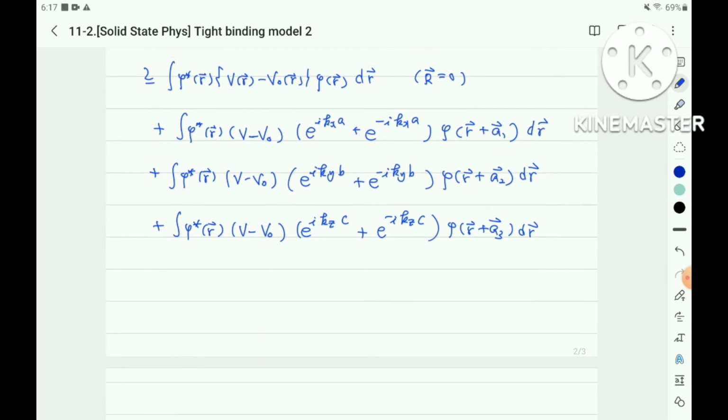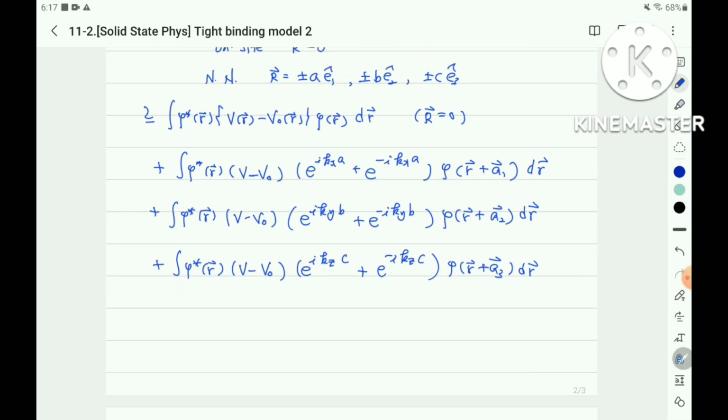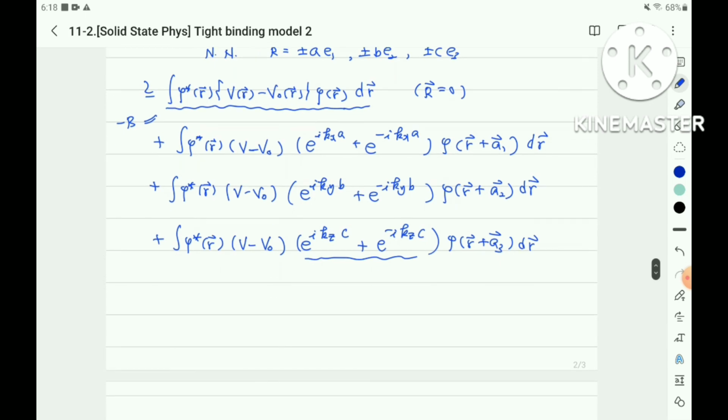For example, let's define this first term as minus b, and this term, exponential plus exponential minus, means that it is a cosine function, and the cosine function is real valued. And therefore let's define the parameters.